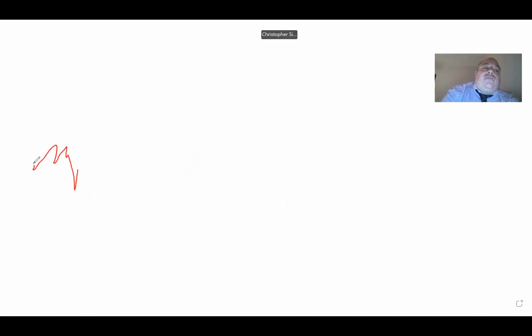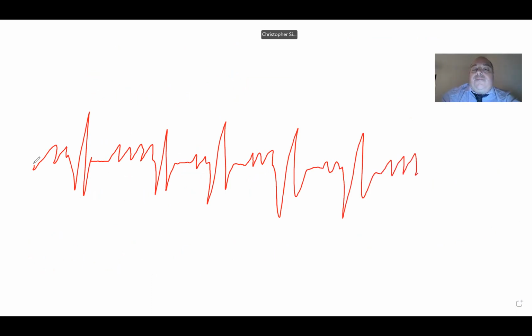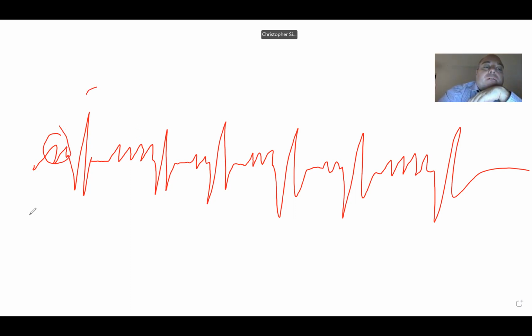Flutter wave, QRS, flutter wave, QRS, flutter wave, QRS, because this happens too, all right? So we've got 2 flutter waves, a QRS. We've got 2 flutter waves, QRS. We've got 4 flutter waves, a QRS.